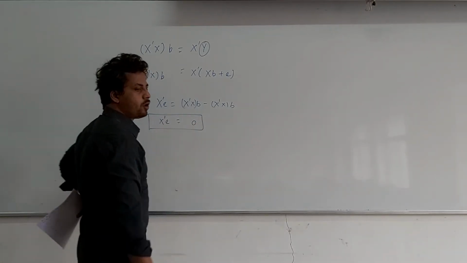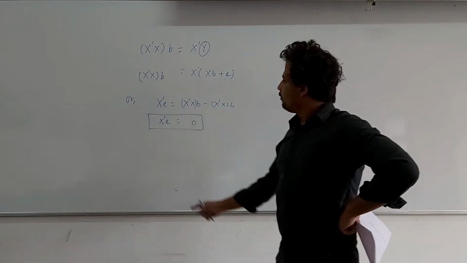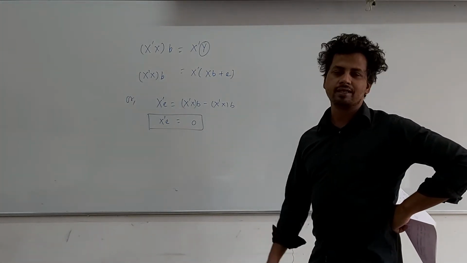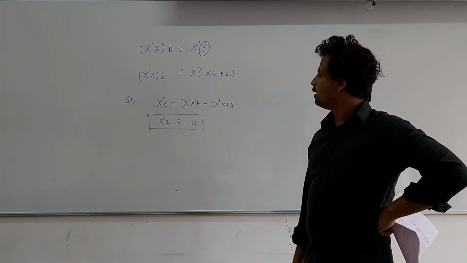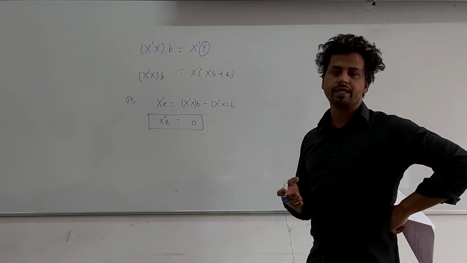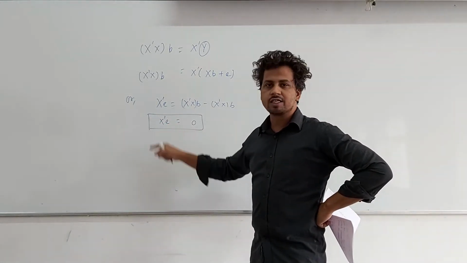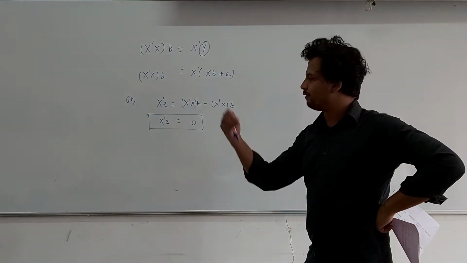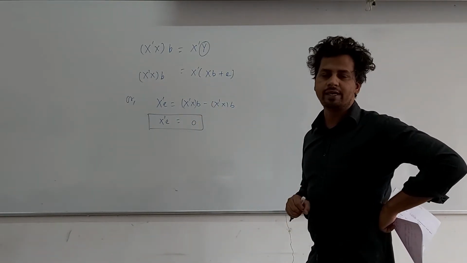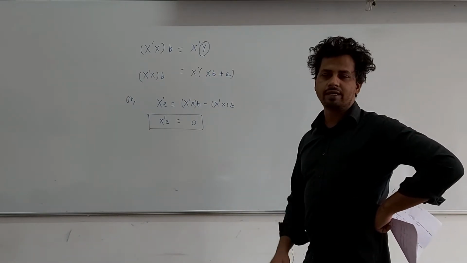This is a very important result. Now, what does it convey here? If you notice, the element that is in X transpose X is nothing but your data matrix, right? And the data matrix by default contains the first column of ones. So for the sake of simplicity, for illustration purposes, let us say that I have taken only one explanatory variable and I have collected n observations on that explanatory variable.